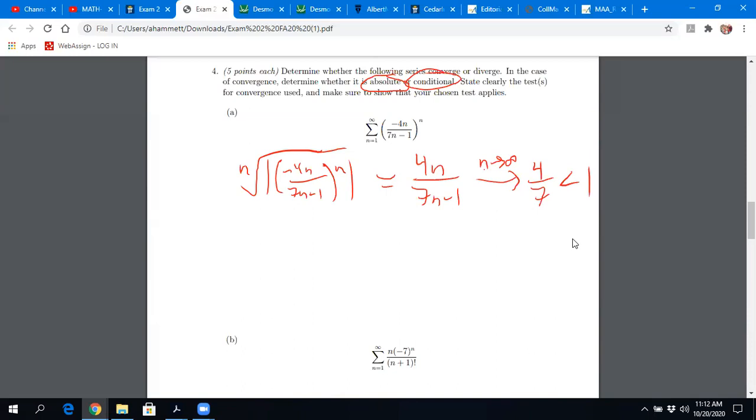Well, 4/7, which is less than 1. Therefore, what's the conclusion? This thing converges how? Absolutely by the root test. Okay? Any questions on that one? So that thing converges absolutely by the root test. Okay?